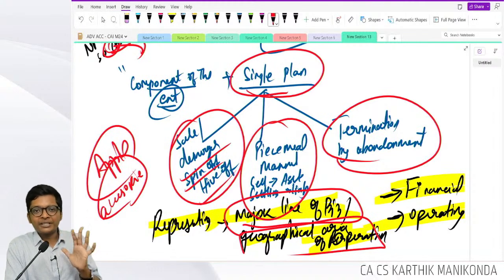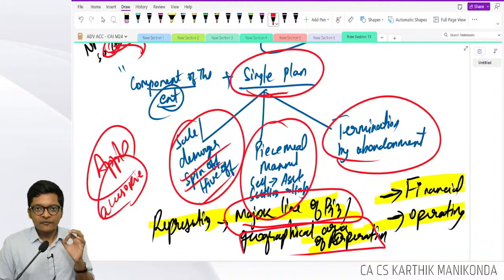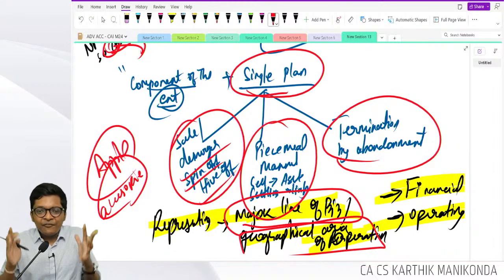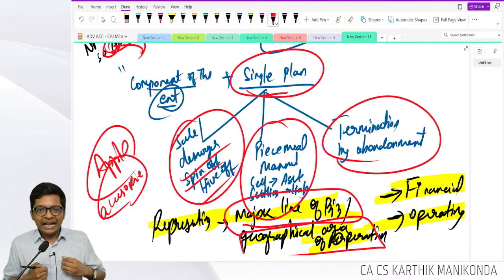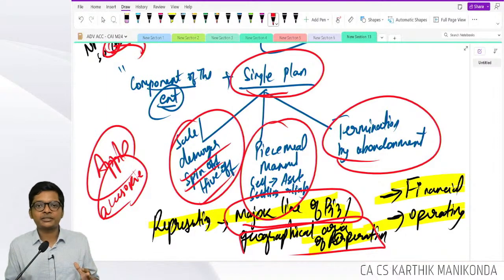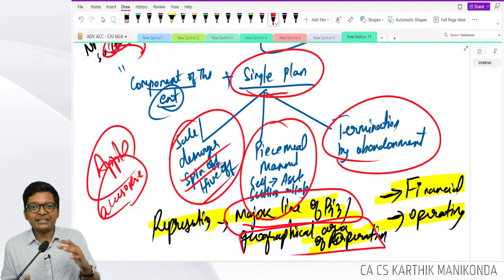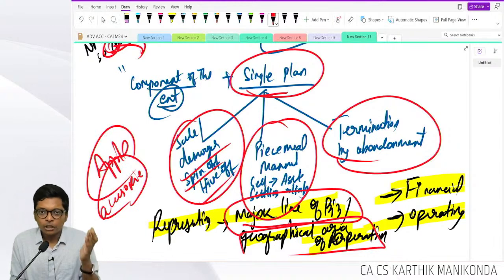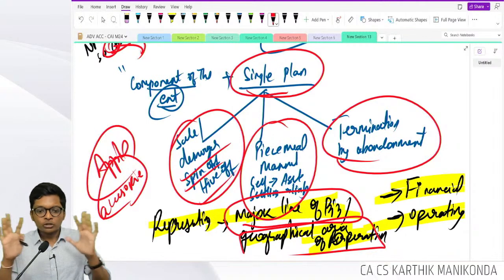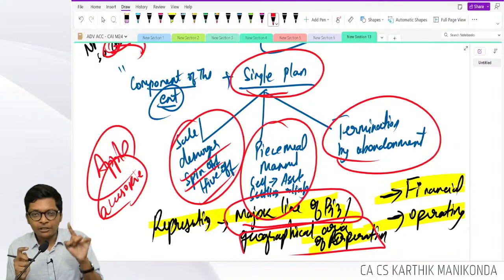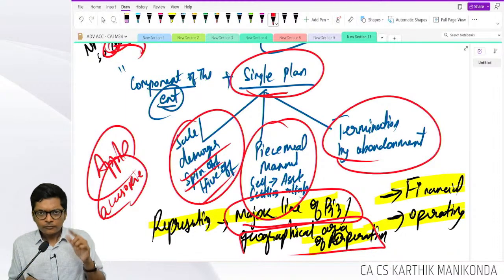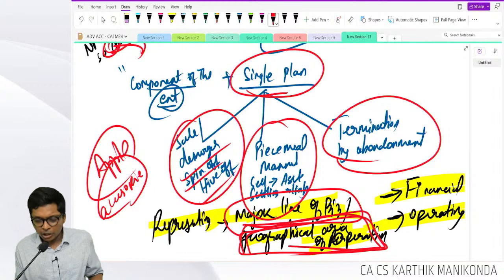Or geographical area of operations. I am not stopping the production of AirPods or watch, but I decided from today in entire African countries, I will not sell Apple products. Let's say, or European countries fully, Apple decided not to sell Apple products. So this is not ending of major line of business, but ending of geographical area of operations.